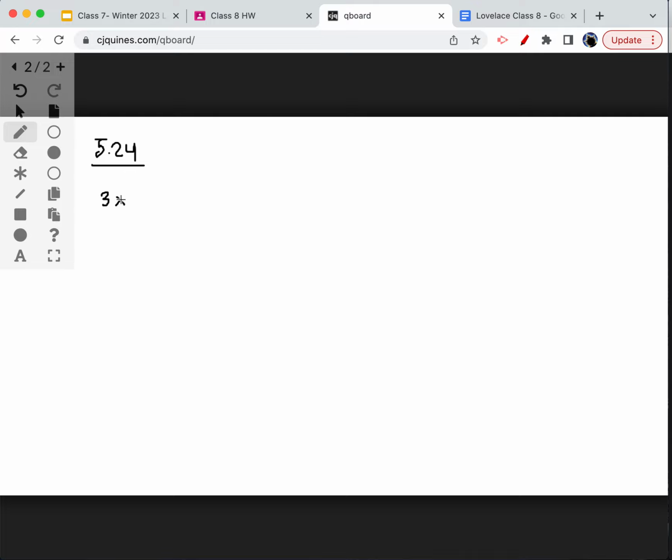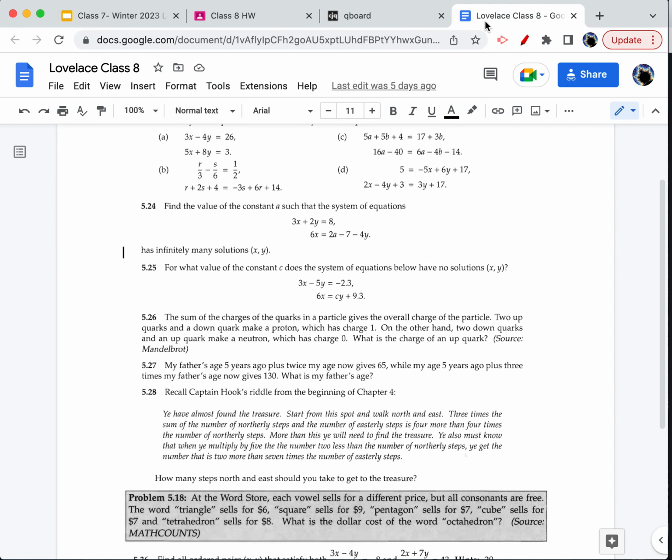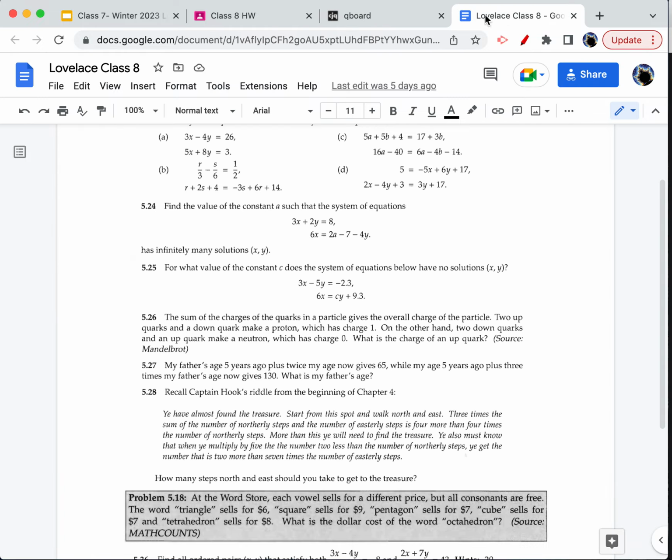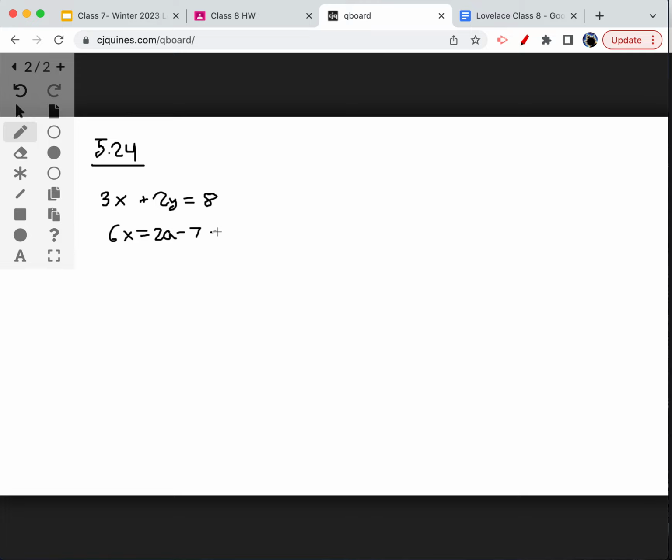So we have 3x plus 2y is equal to 8, as well as 6x equals to 2a minus 7 minus 4y.